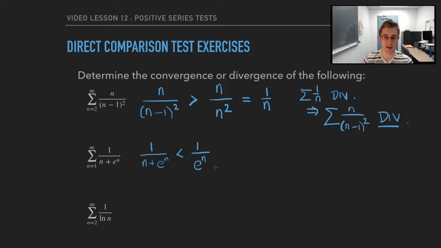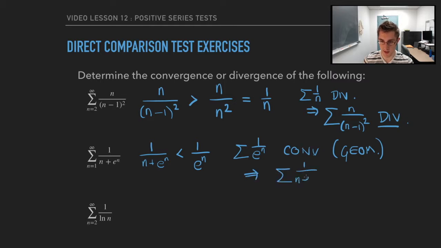And if I look at the sum of 1 over e to the n, this converges because it's a geometric series with common ratio 1 over e, which is smaller than 1 in absolute value. And so my series 1 over n plus e to the n also converges.